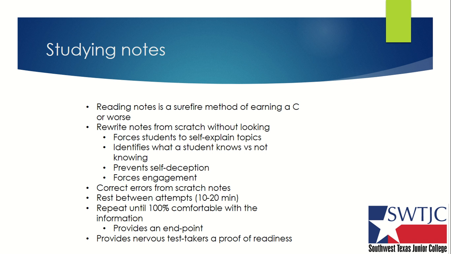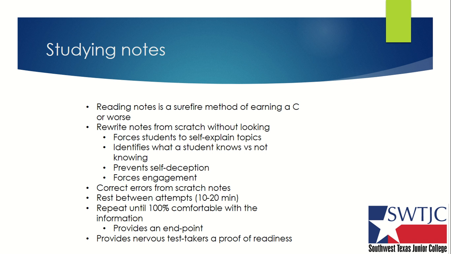It also is a big identifier for you on what you know and what you don't know. And it also prevents self-deception, to actually look at things and say that you understand them completely and move on. It helps you identify that, based on what I rewrote without looking at my notes, I've missed a lot of stuff.